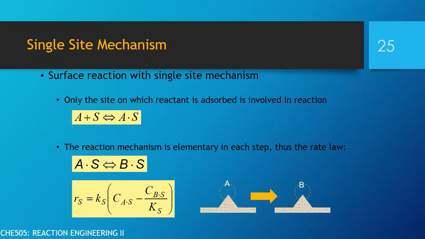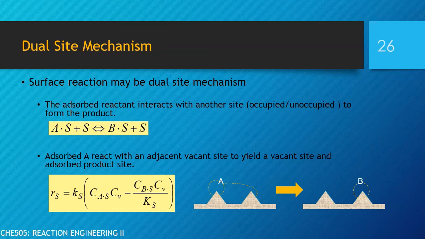Next, we look at the example of dual site mechanism. The adsorbed reactant interacts with another site, occupied or unoccupied, to form the product. For this dual site mechanism, it does not matter whether it is one reactant or two reactants, but the product is produced at another active site.